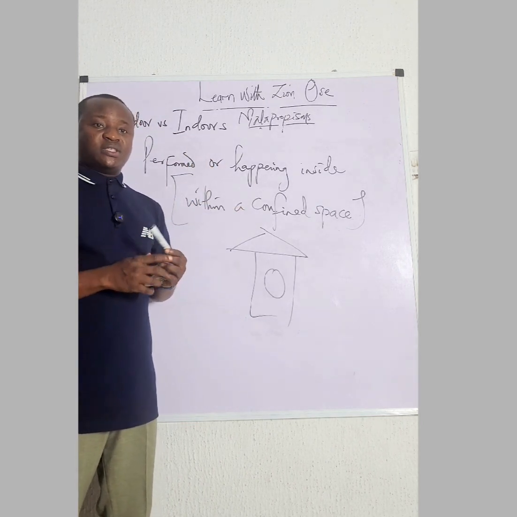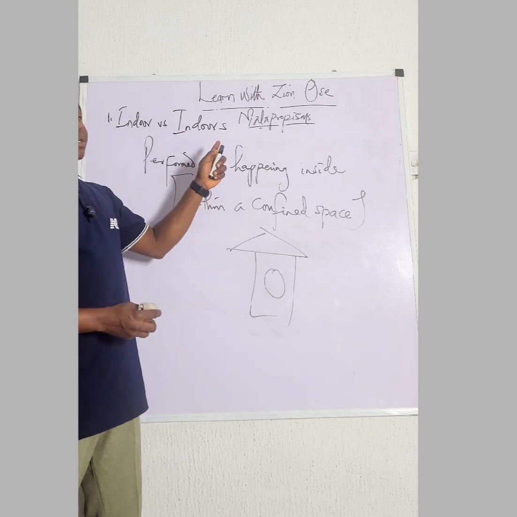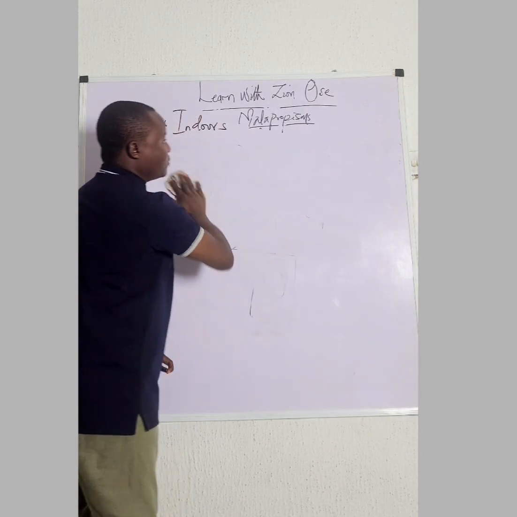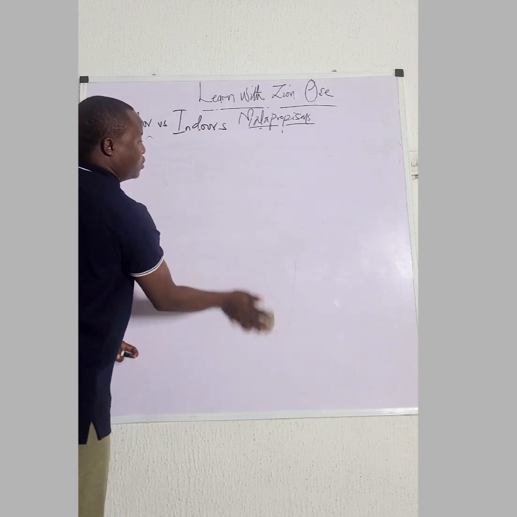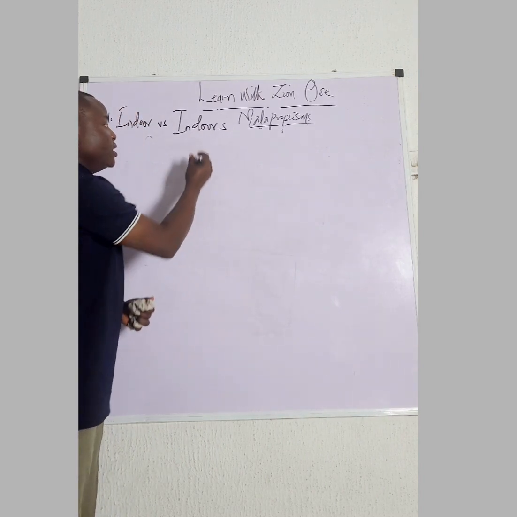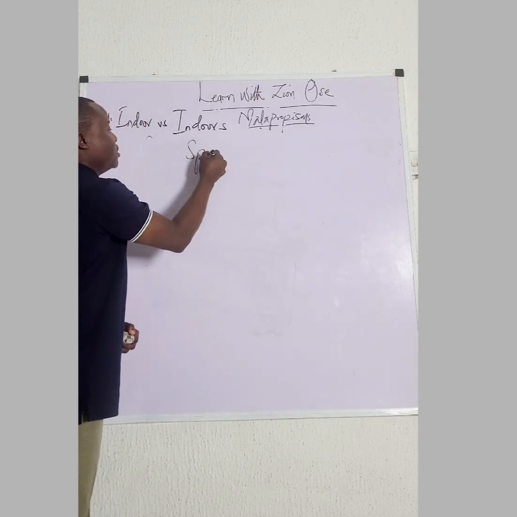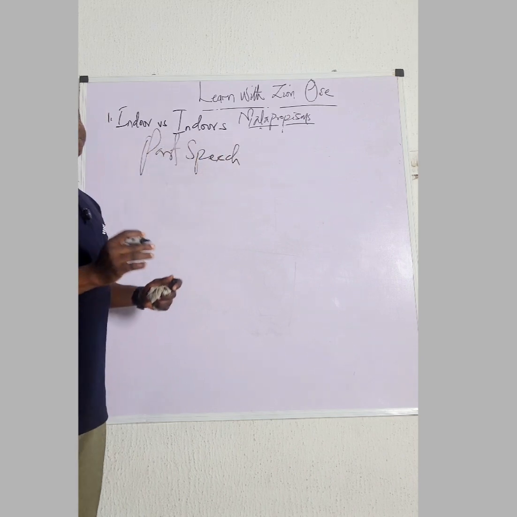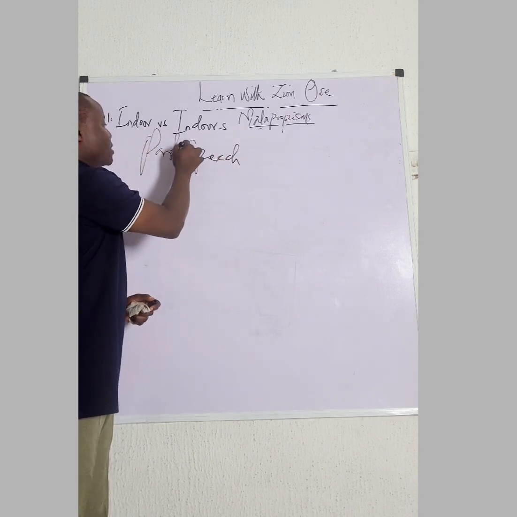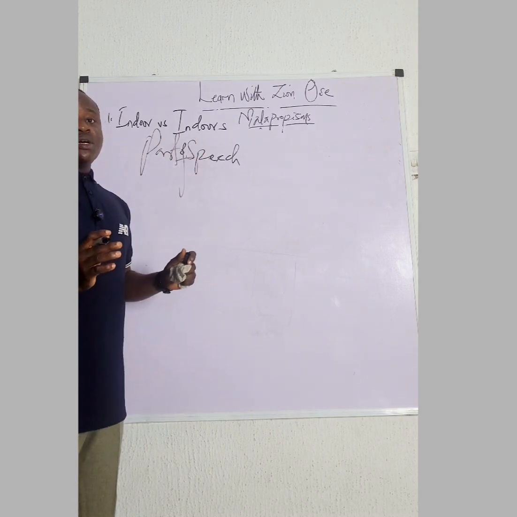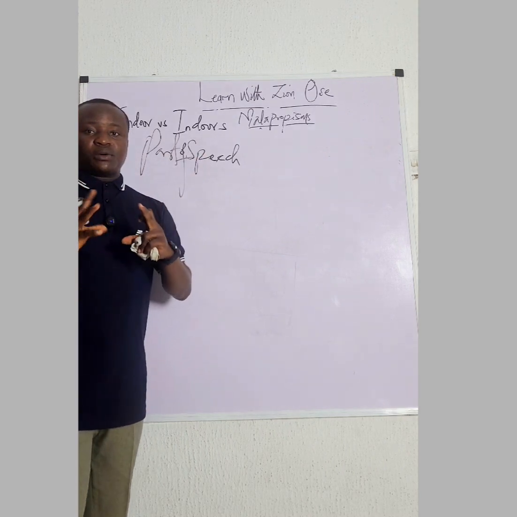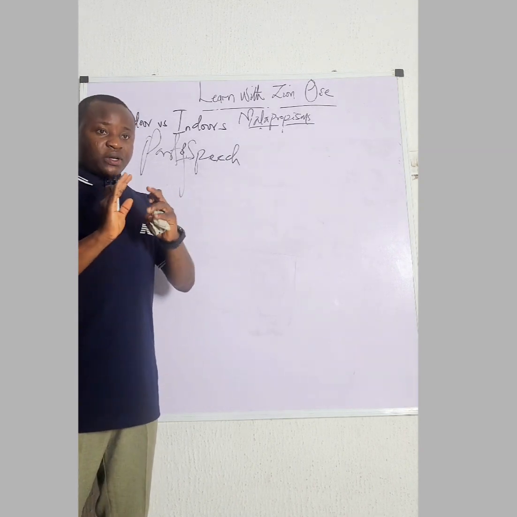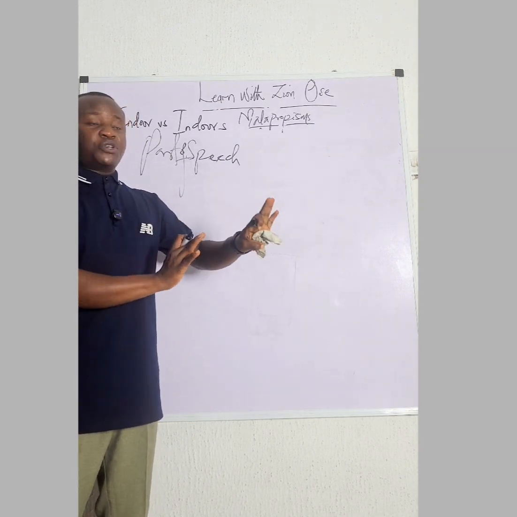And let's quickly talk about their differences so that we don't mistake them for each other. Now, the major difference between indoor and indoors lies simply in their parts of speech. Of course, you remember what we describe as parts of speech. It is the grouping of words simply based on their functions.